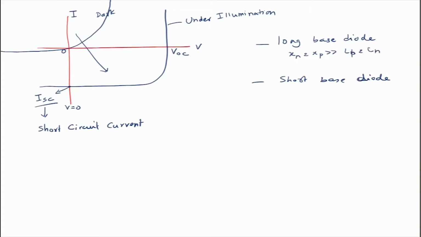As a result, surface recombination basically happens and everything gets recombined, so you do not consider Sn and Sp because they would have happened anyway. In the short base diode, your Ln and Lp are larger than Xn and Xp. When the diffusion lengths are longer, Sn and Sp are relevant because you will have surface recombination, and in the long base case Sn and Sp are not relevant.